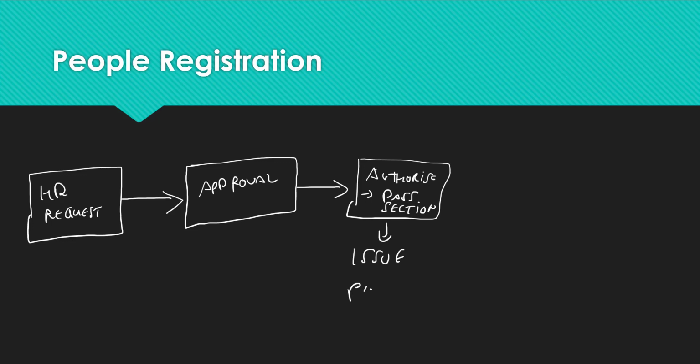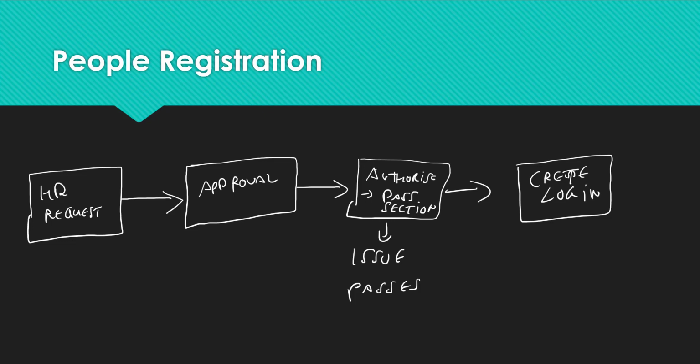And then you can create a log system, right? That tracks how many passes you have issued, how many active passes, how many disabled passes you have in your system. So this is how you register your employees, visitors, or contract workers in your system. So this is people registration.